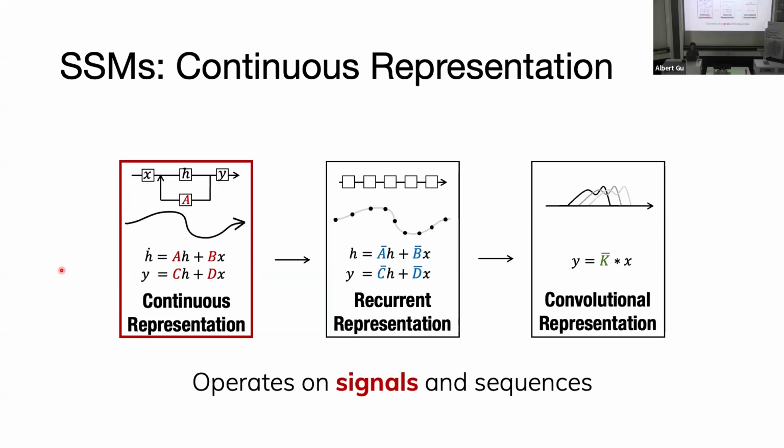For example, these operate really naturally on data that looks like continuous signals. This is a question of inductive bias. If you have data that's very smooth, like audio waveforms, then these models have very strong inductive bias for it and can model it much better than other models like transformers. That's all because they have this implicit continuous time representation.